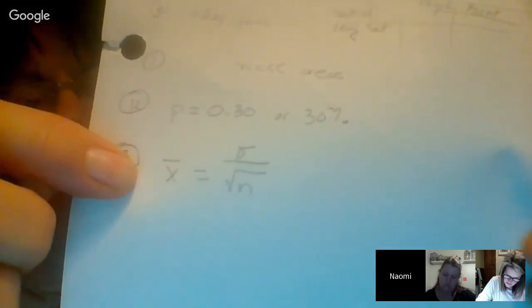So this little x bar divided by the square root of n. Can you see that? Okay, so I think that's our formula. So isn't x bar then the same as 0.3, and we're solving for the standard deviation.